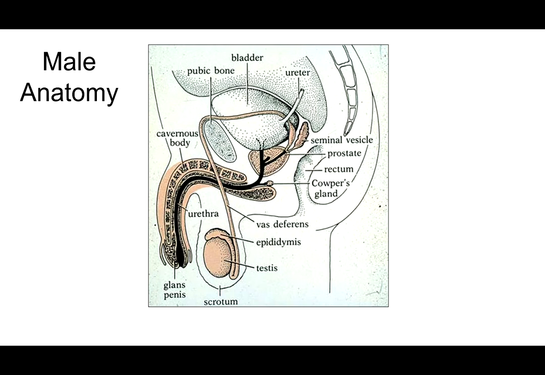I specifically chose the most unappealing anatomical drawing I could find, perhaps more for your amusement than anything else. But what you can see here is a cross-section through the typical male adult, sexually mature anatomy.